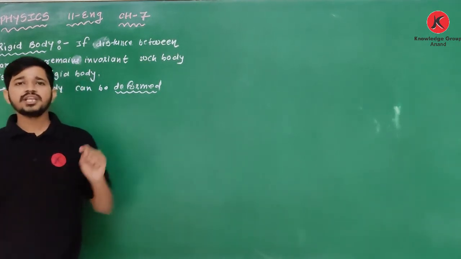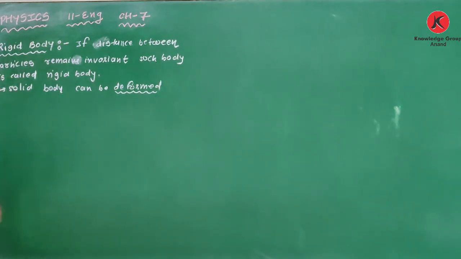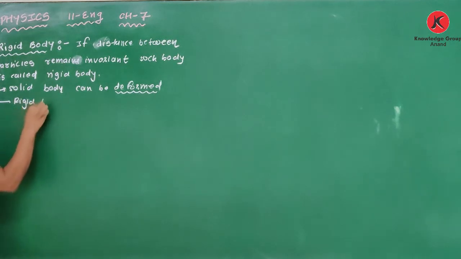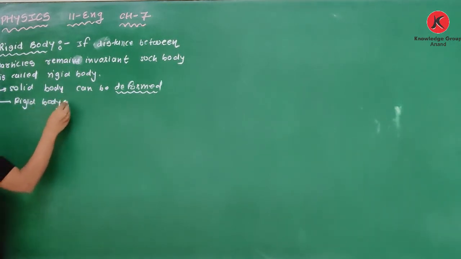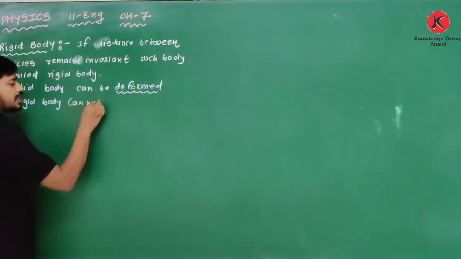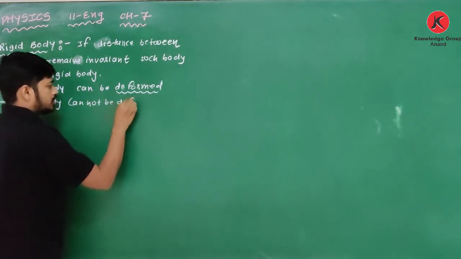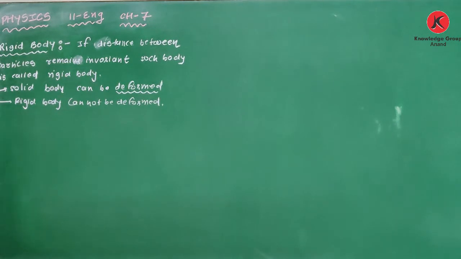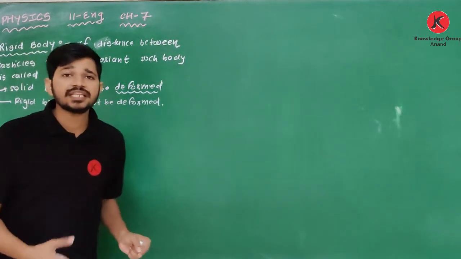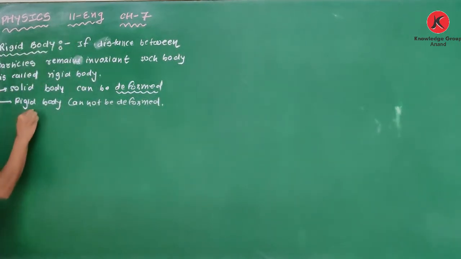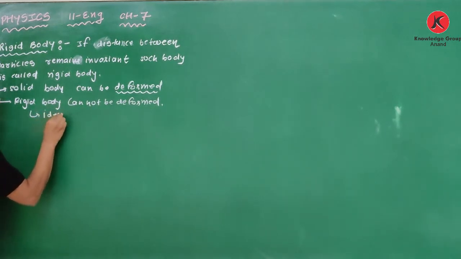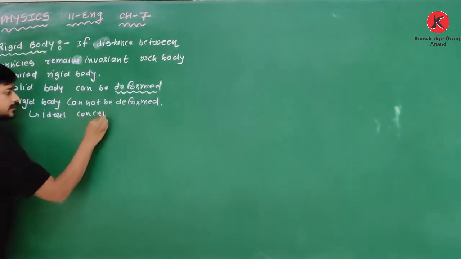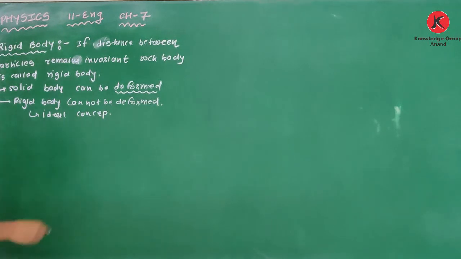So a solid body can be deformed, while a rigid body cannot be deformed. Clear about this? Rigid body is an ideal concept. So this point you have to remember.